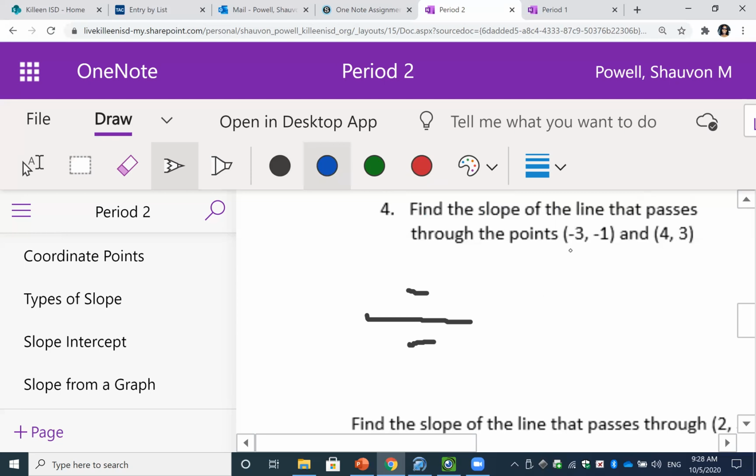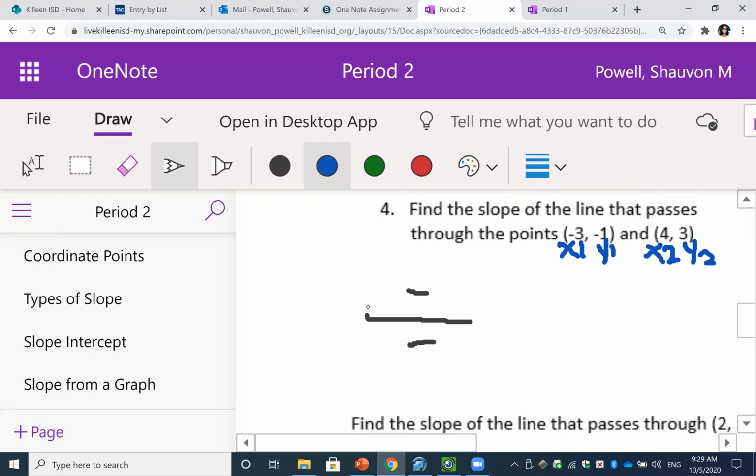Then you're going to label your points. So we have x1, y1, x2, y2. I have the formula in my notes and everywhere else, so now I know what to plug in where.